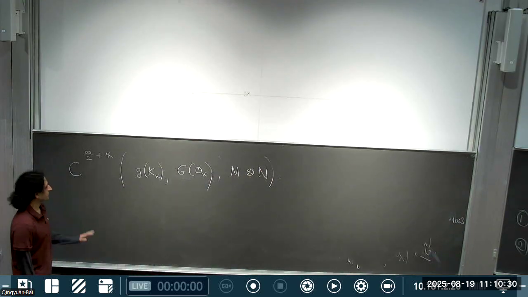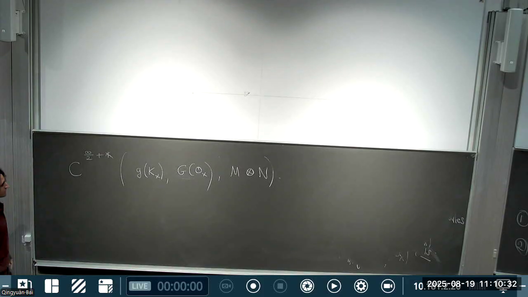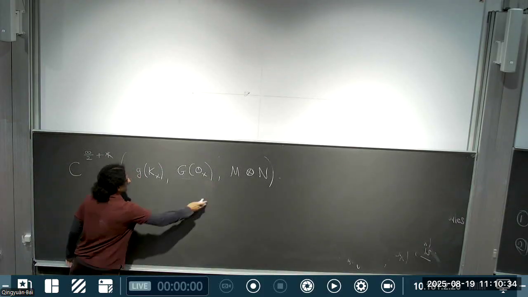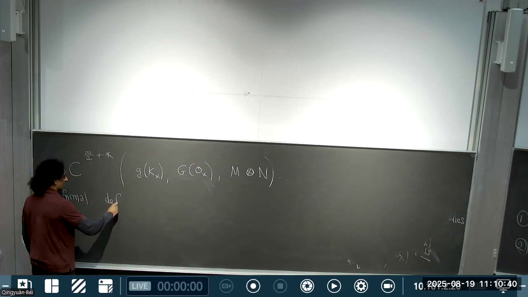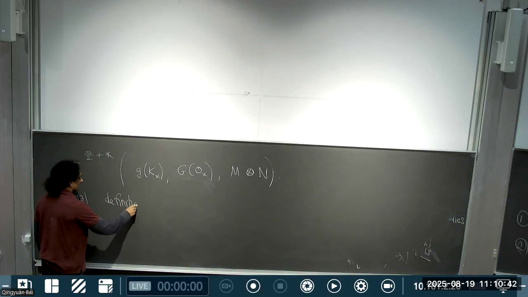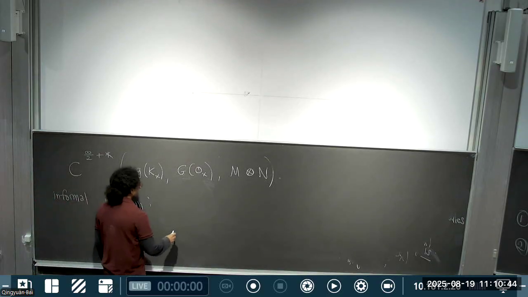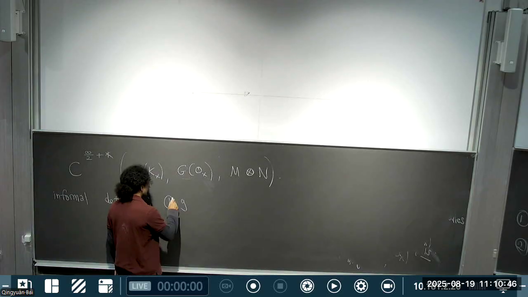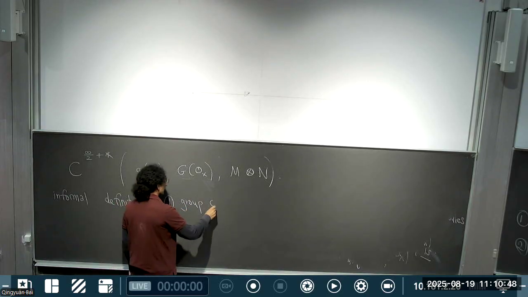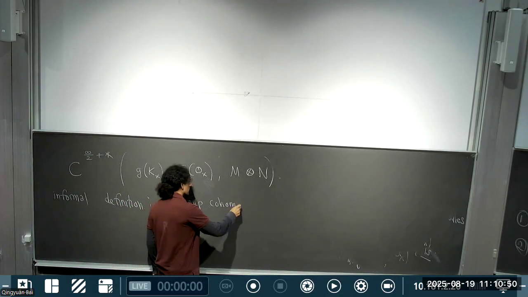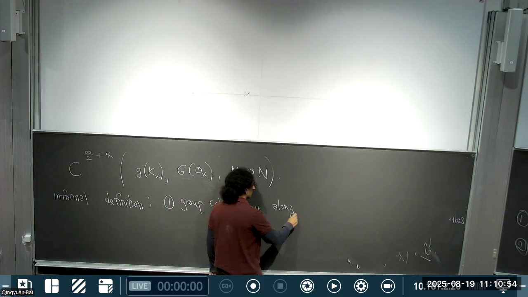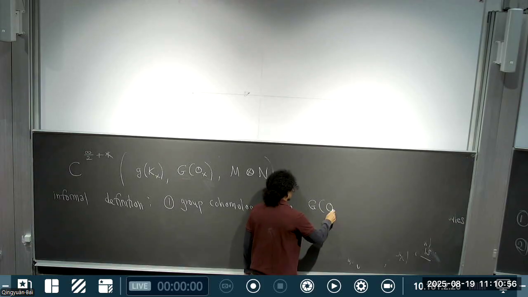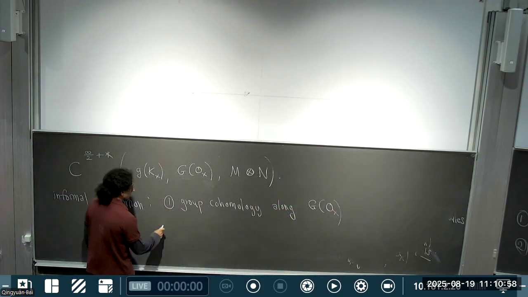Okay. And so here's an informal definition. It's first group homology along G of OX.